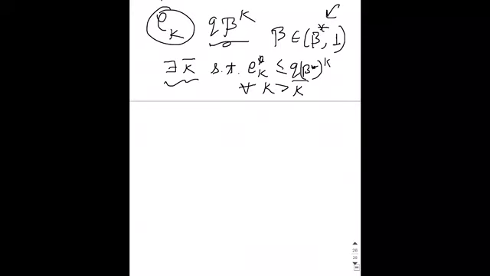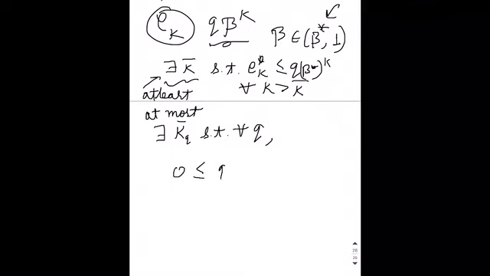Similarly, this was at least linear convergence, and now we discuss at most linear convergence. We say it converges at most linearly with convergence ratio beta star if there exists k_q bar such that for all q greater than 0, e_k is greater than or equal to this for all k greater than k_q bar.